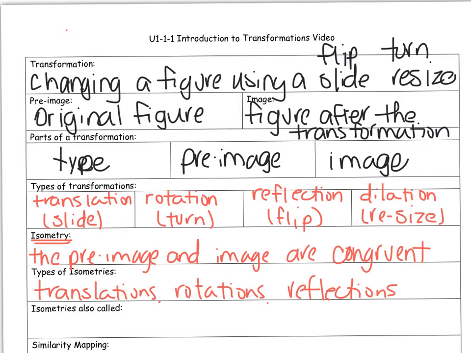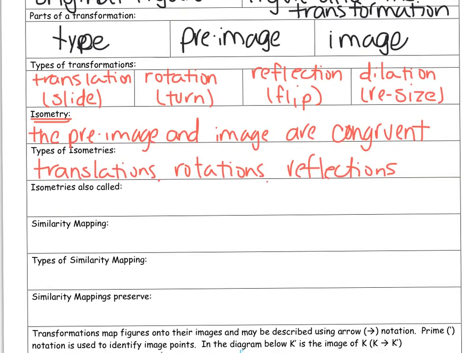In our case, it will be on the coordinate plane. So they will have the same size and the same shape. Isometries are also called rigid transformations because they're not changing the size or the shape. So sometimes you'll see these referred to as rigid transformations, because the size and the shape remain the same.